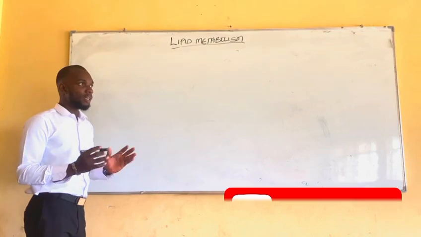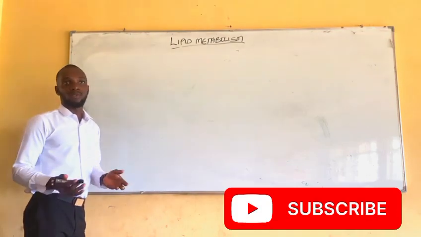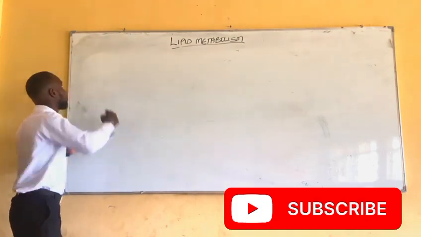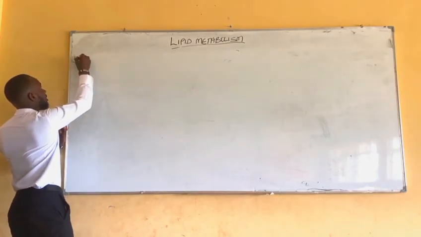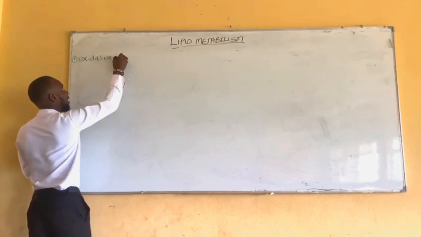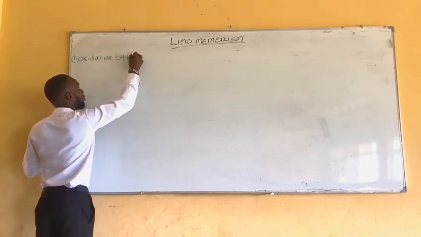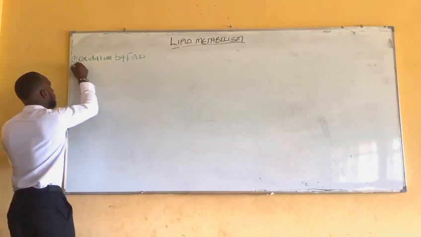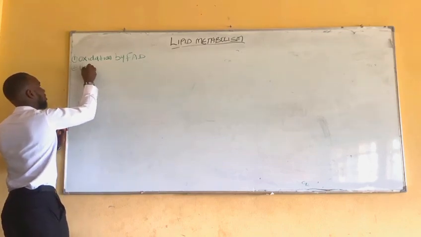So beta oxidation is a four-step process, like I told you. The first one is oxidation by flavin adenine dinucleotide, that's FAD. The second one is a hydration reaction.